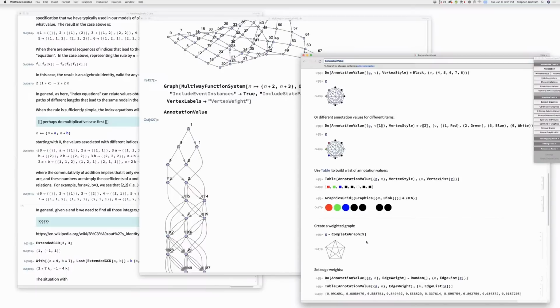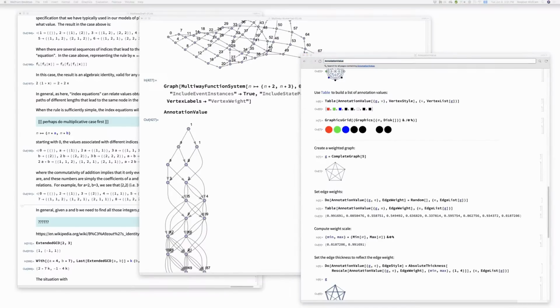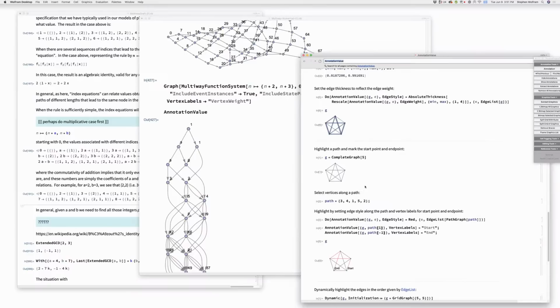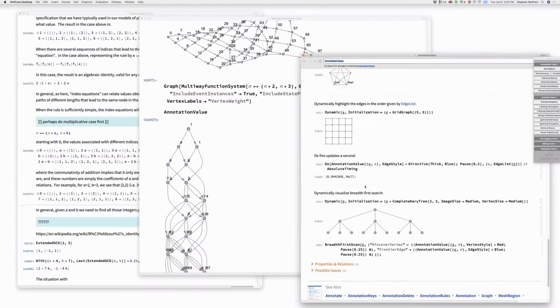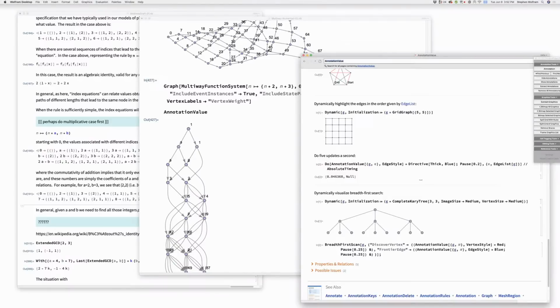This is not what I want in this documentation. Let's see if we can find Charles. Yeah, this is cruddy documentation here. Okay, annotation value of G.